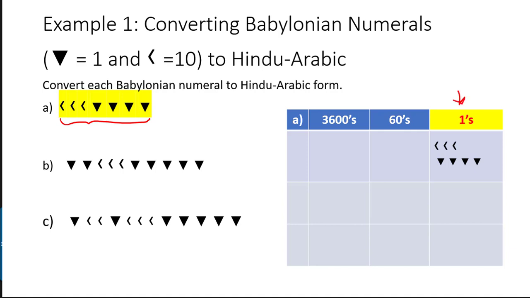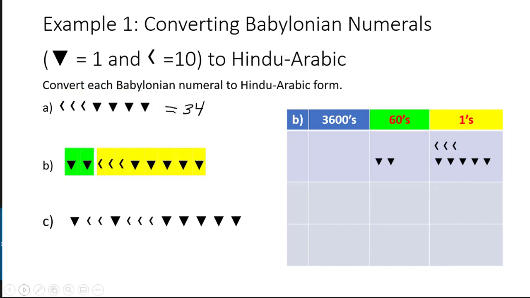As opposed to in part B, where we have a grouping of 10s and 1s and then another grouping to the left of it, in which case they have a bigger place value, but we'll get to that in a minute. In part A, we're only looking at the 1s place. We have 3 10s and we have 4 1s. So we have 30 plus 4, or 34. Moving on to part B, as I already mentioned, we have 2 groupings of 10s and 1s.